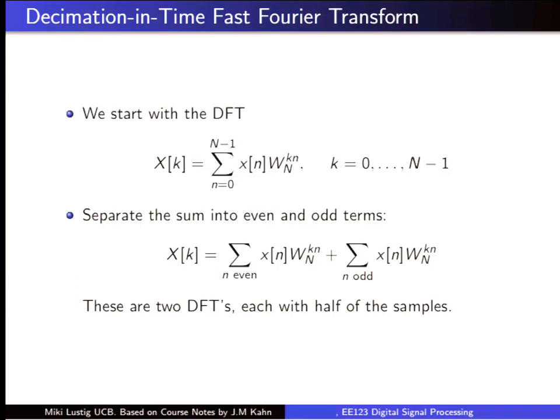Okay. So in order to speed up the DFT, we have to start with it. So let's just write it down. This is the DFT. Stare at this for a second. We sum from n equals 0 to N minus 1, over all the n's, and then we have this kn here. We're going to do what's called decimation in time.